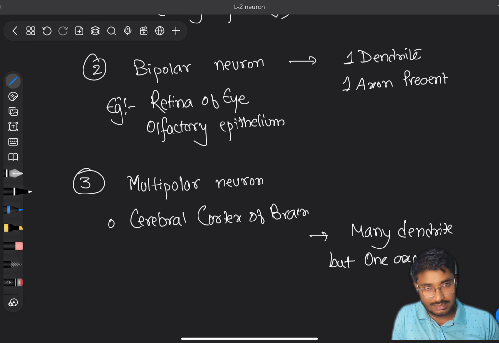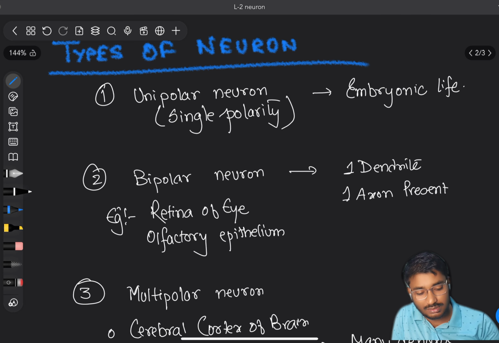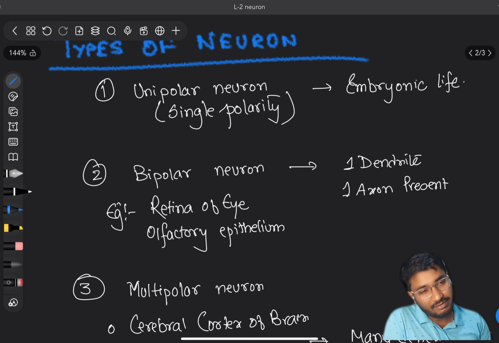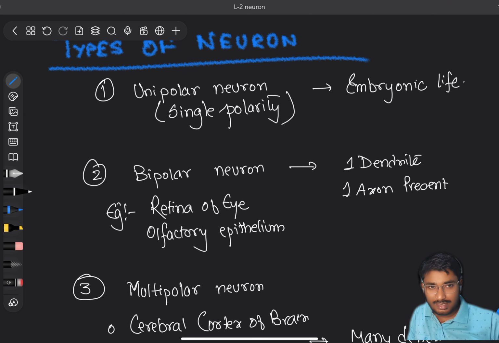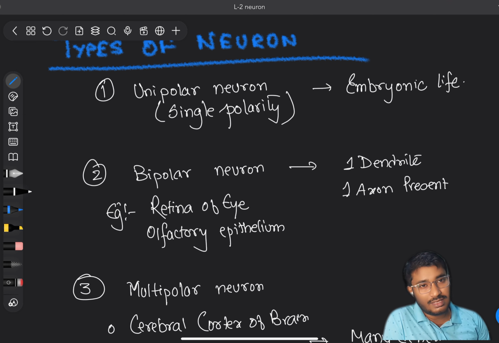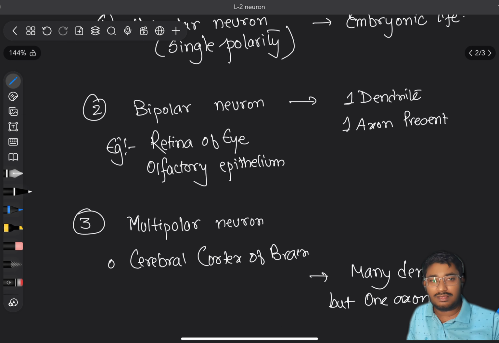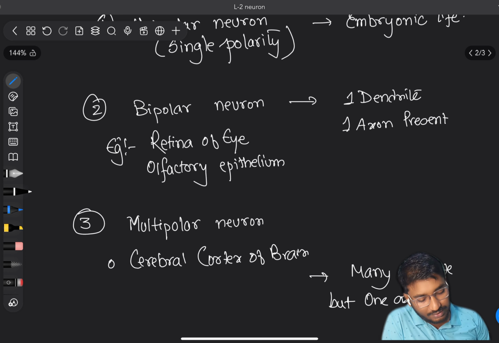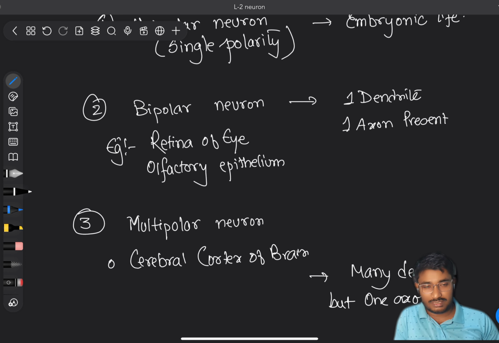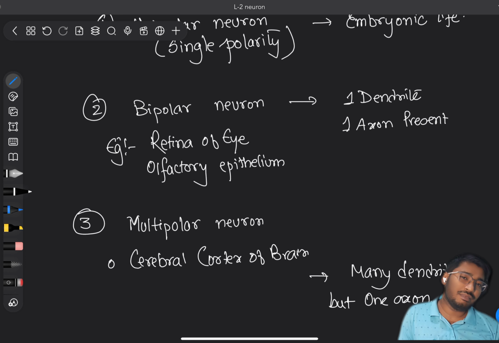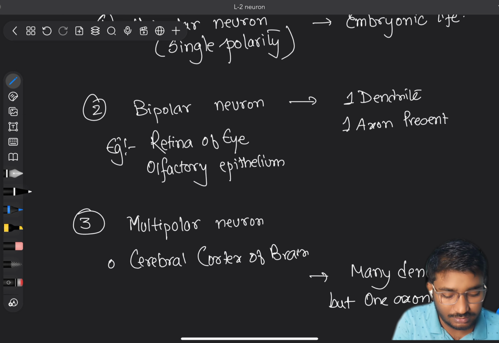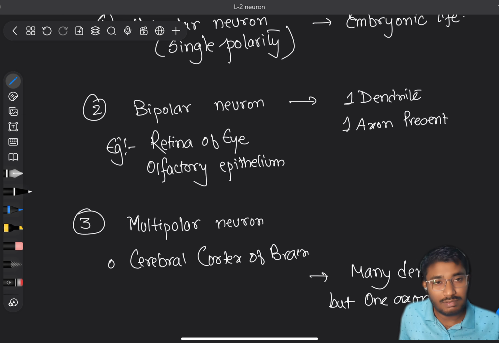This can be asked in NEET, so it is an important topic. Just remember it: unipolar neuron is seen in embryonic life, bipolar neuron in the retina of the eye, and multipolar neuron in the cerebral cortex, with many dendrites but only one axon.